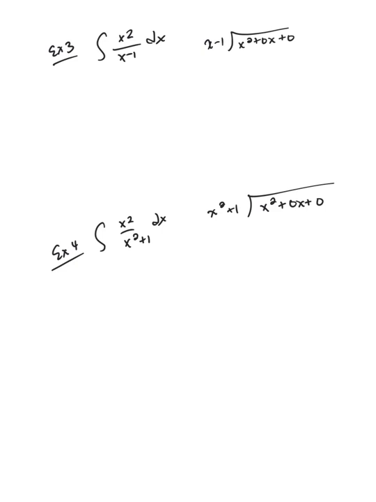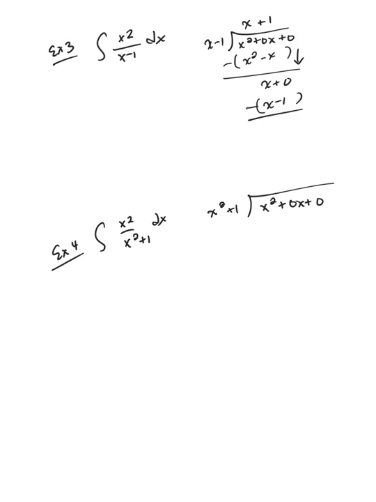Okay, so I'm dividing x minus 1 into x squared plus 0x plus 0. So I get an x. I multiply by x. Well, that gives me x squared minus x. Subtract this. I end up just getting x. Bring down my next number, 0. Okay, x goes into x 1 times. Multiply by 1.